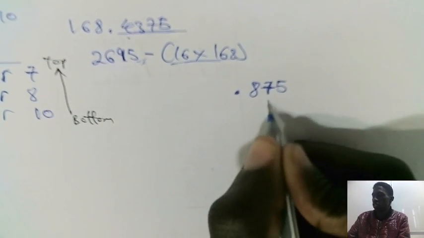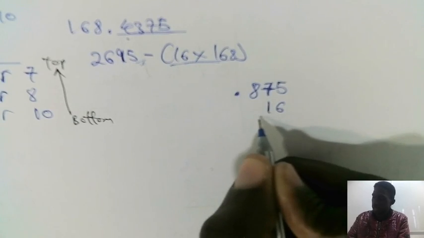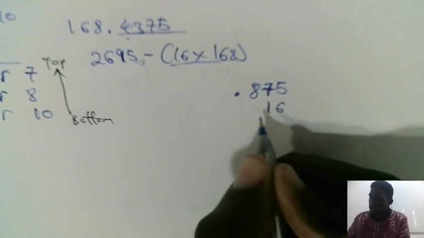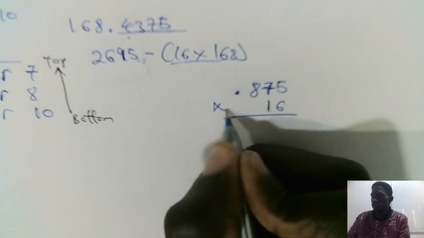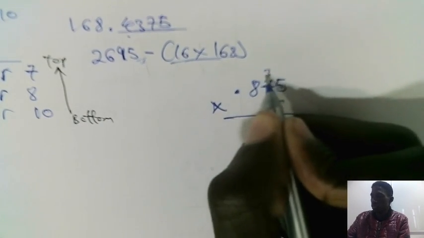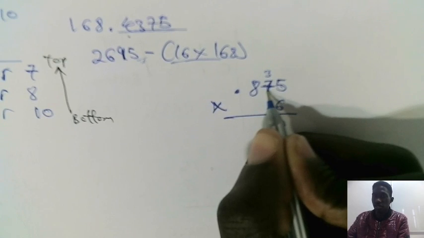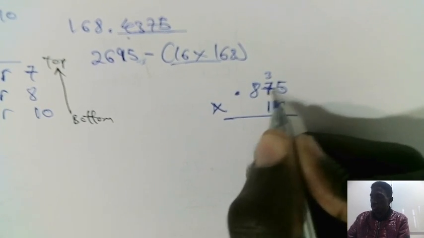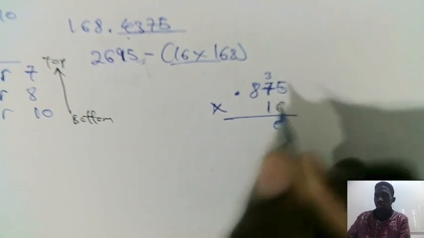And then we proceed to multiply by 16. So 6 multiplied by 5 is 30. 6 multiplied by 7 is 42, plus 3.